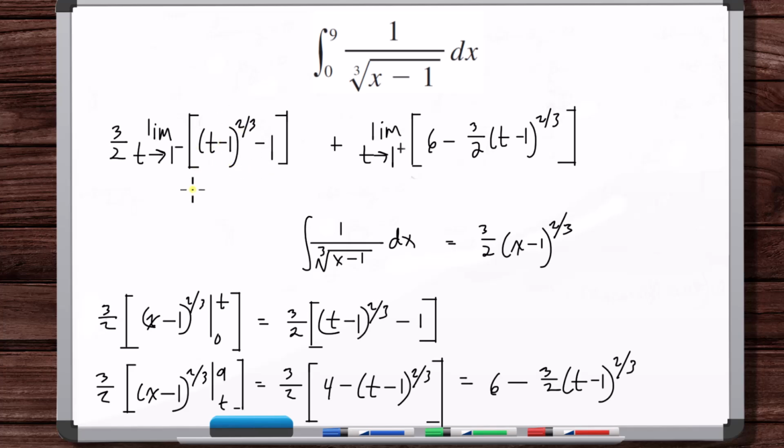We're left with minus 1. So we got minus 3 halves here. As t approaches 1, this goes to 0. We're left with 6. So minus 3 halves plus 6. Minus 3 halves plus 9 halves.